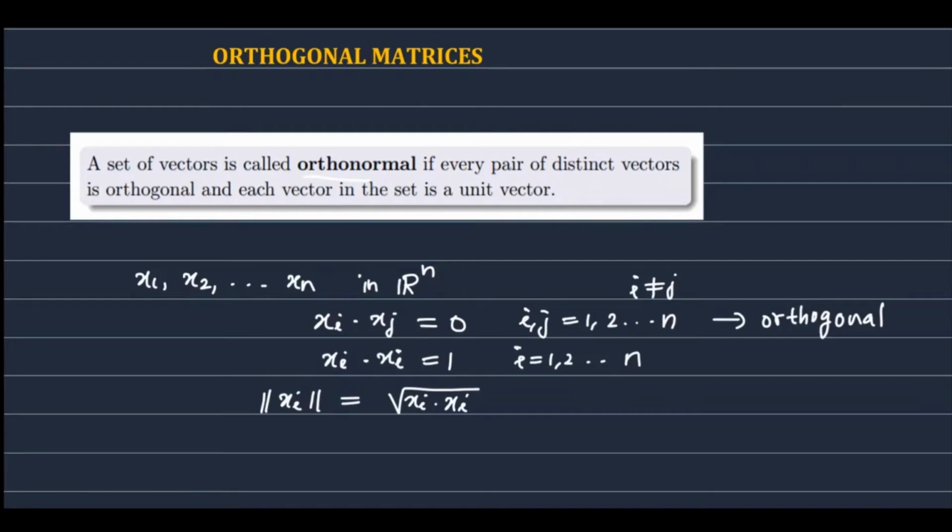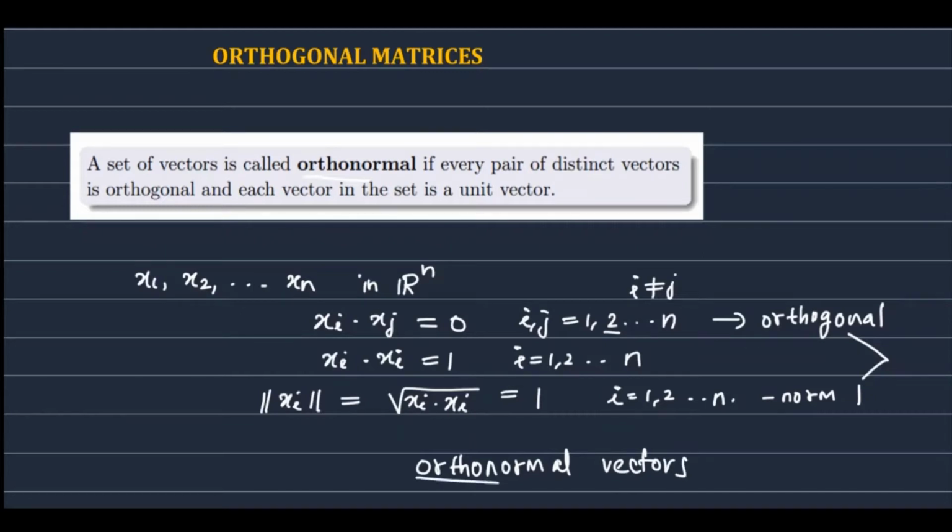If this is equal to 1 for all i from 1 to n, that is, the length of each vector is 1, and also they are mutually orthogonal, xi dot xj is 0 for i not equal to j, then we say that the set is orthonormal. So to get orthonormal vectors, they should be orthogonal and the norm of each vector should be 1, that is, a unit vector.